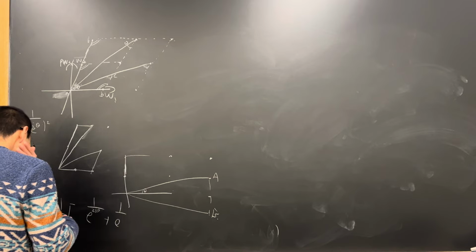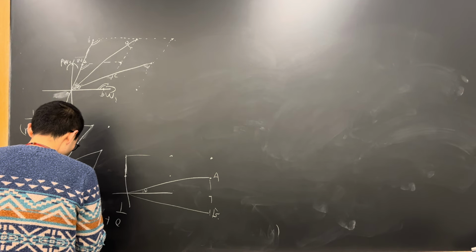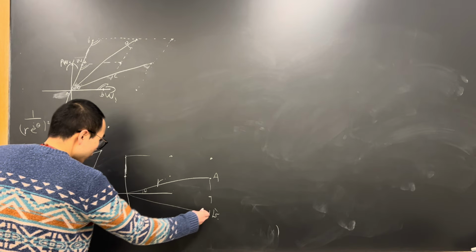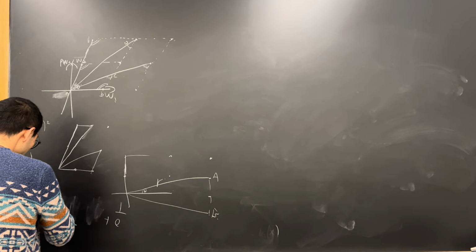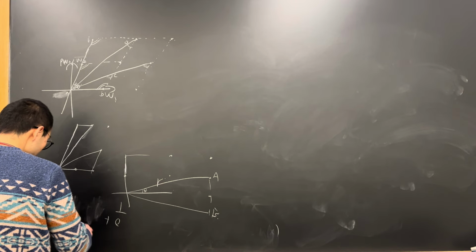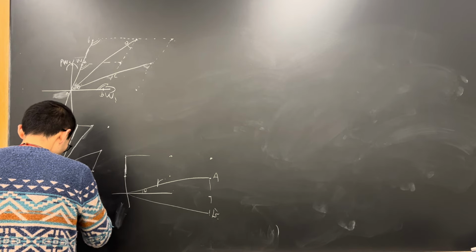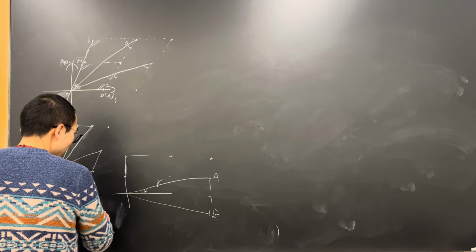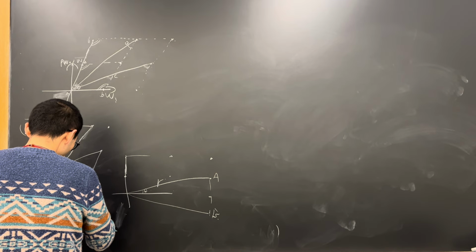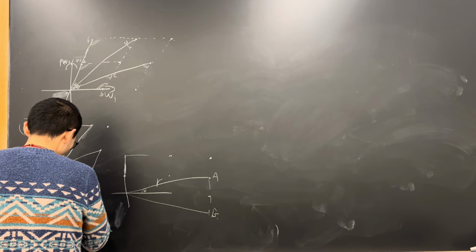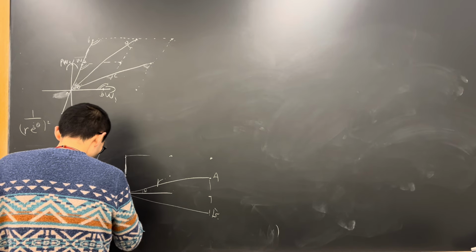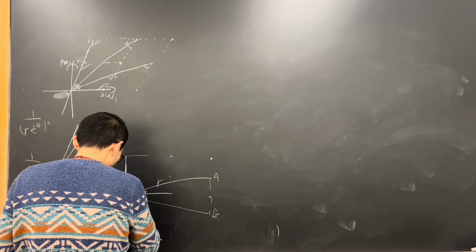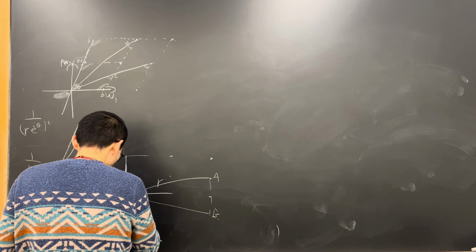Wait, let me do this carefully. This is the r here, this A is B. So 1 over A squared plus 1 over B squared equals 1 over R e to the i theta squared, plus 1 over R e to the negative i theta squared.